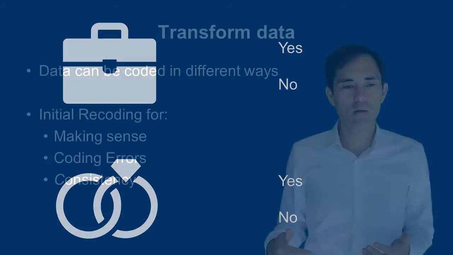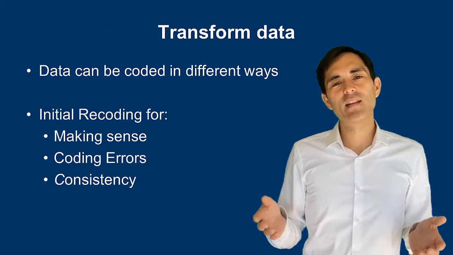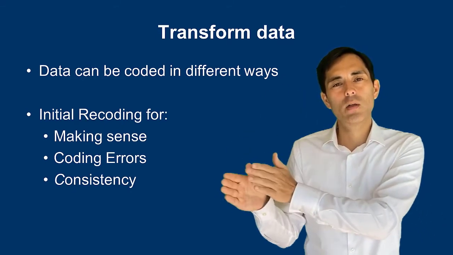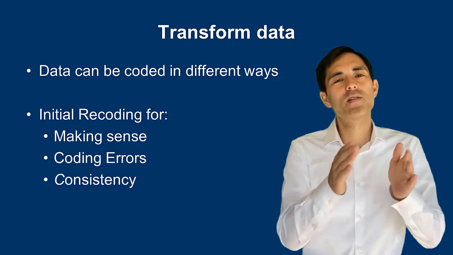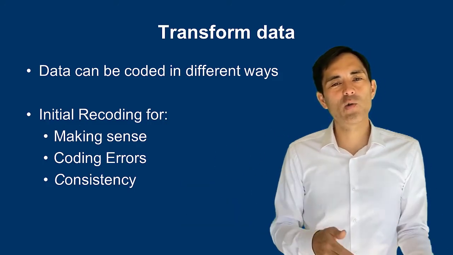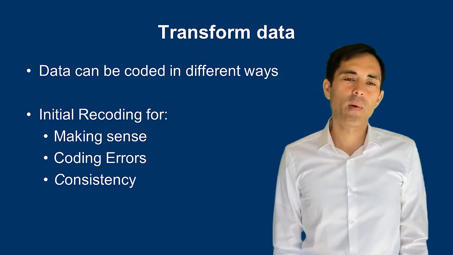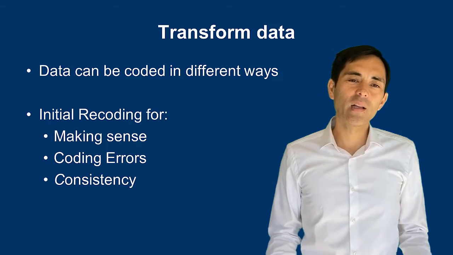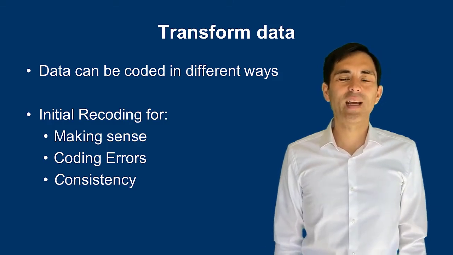Yes, no. In the survey, usually the data comes as 1 and 2. But for data analysis, we prefer 0 and 1. So we would need to recode this 1, 2 into 0, 1. So there are many such simple reasons why it would be important, or at least helpful, to recode data.